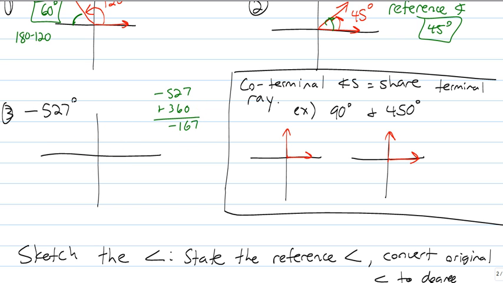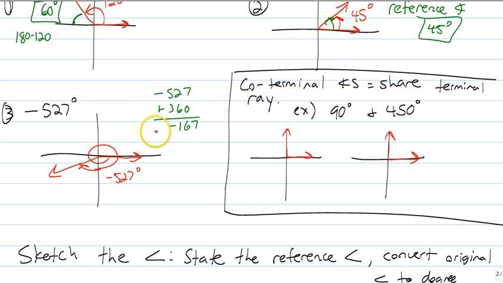Let's go and actually draw this. So 527, we get 360 plus another 90 is here, 450. And then another 90 would get us to 540, but we're not going to 540, so we're going to end about here. So, wrapping all the way around, we get negative 527.